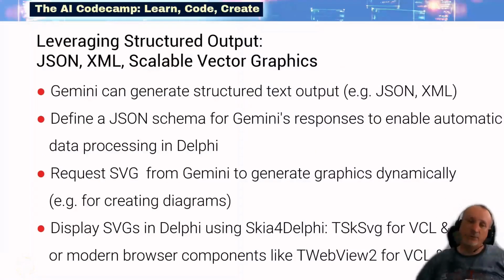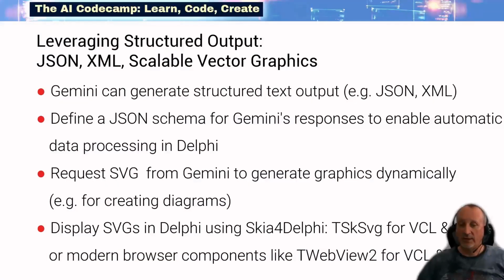If we want to process the output of Gemini AI in a Delphi application, it's recommended to ask for structured text readable by a machine, for example using JSON, XML, or Scalable Vector Graphics. For JSON, we can define a JSON schema to define precisely what JSON object is generated for Delphi.